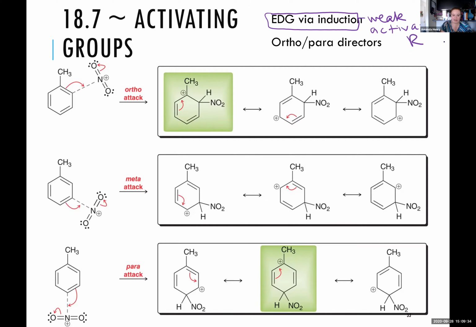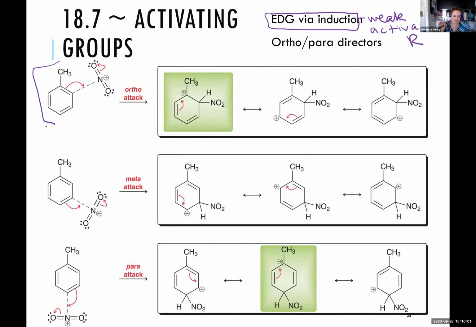So this is looking at the very first step of that mechanism. So all of these start with our benzene ring with a methyl group attached, and we're reacting all of them with a nitronium ion. So this is the result of nitric acid and sulfuric acid creating a better electrophile. So this goes back to the reactions we talked about last week.